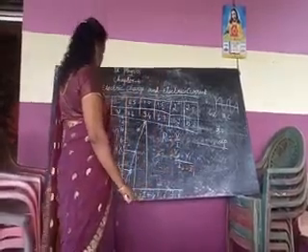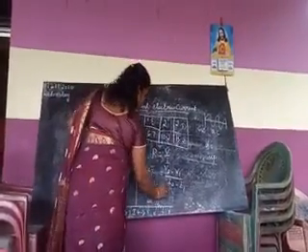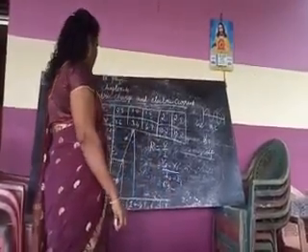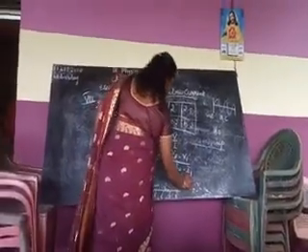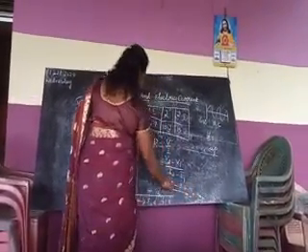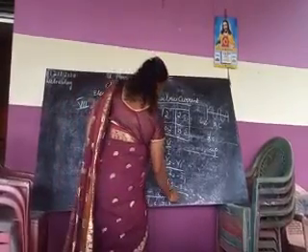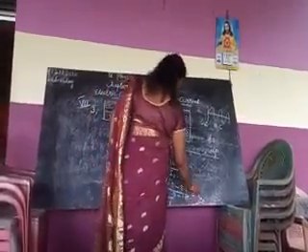V2 value is 6.7 minus V1 value 3.4 divided by I2 value 1.5 minus I1 value 1.